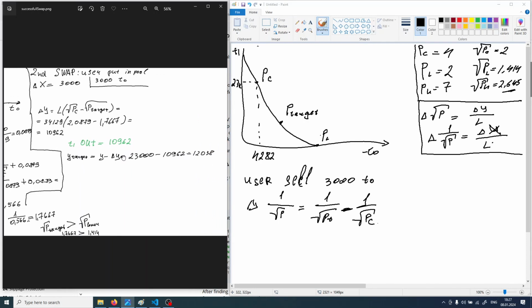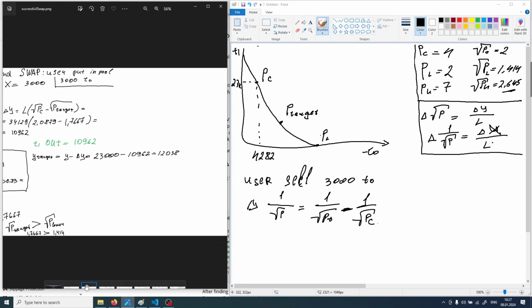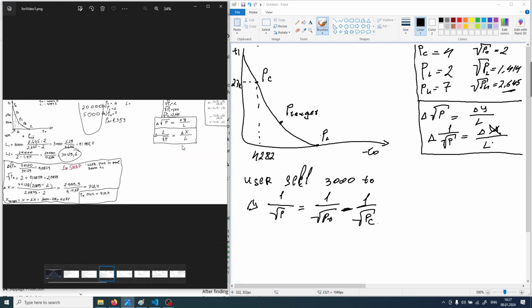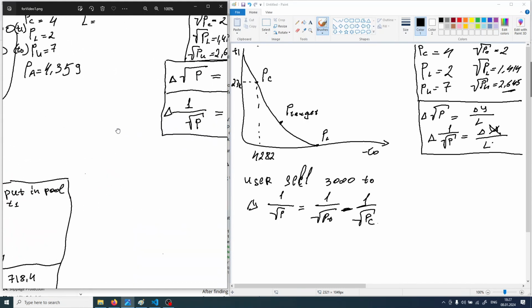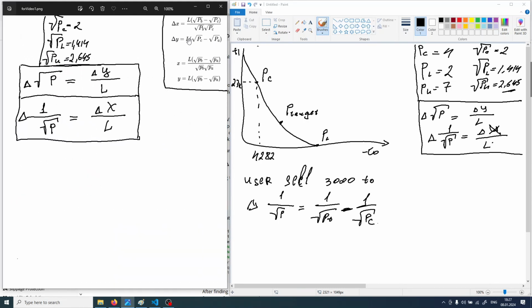Next we use P target and simply go to this formula for delta y and calculate it.